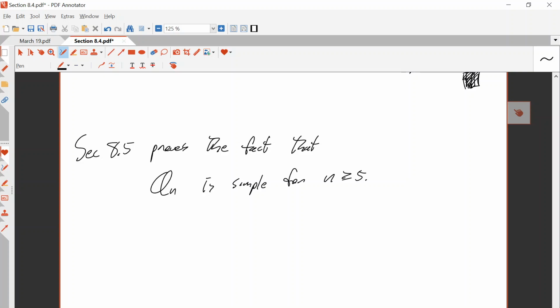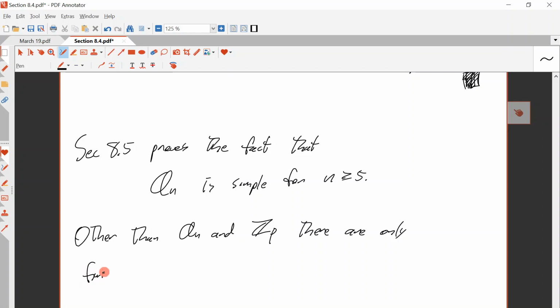Other than that, there's a finite list. So other than A_n and Z_p, there are only finitely many finite simple groups.